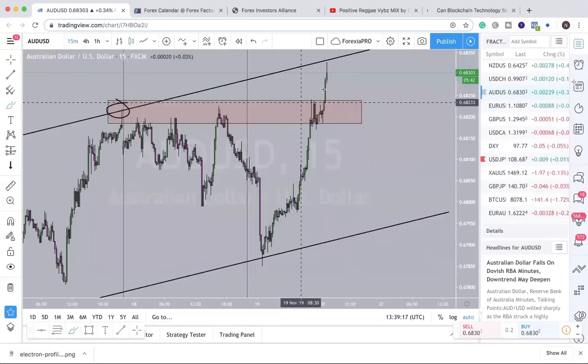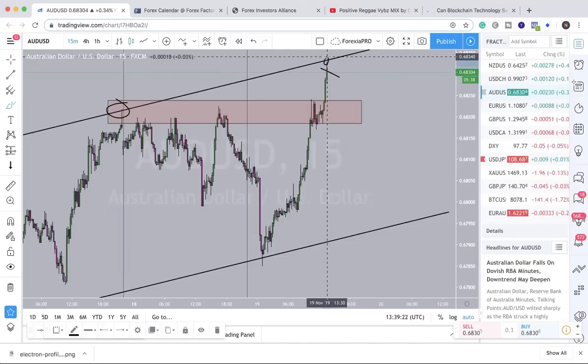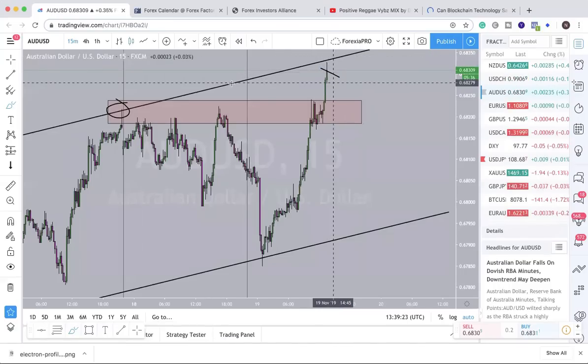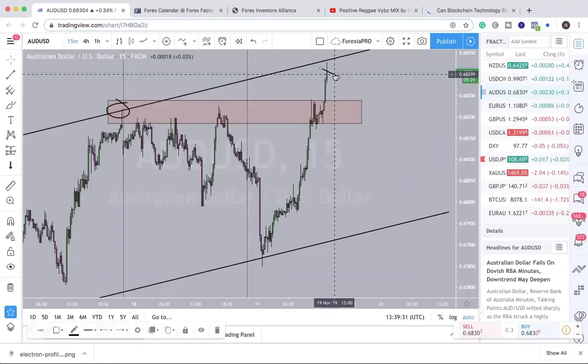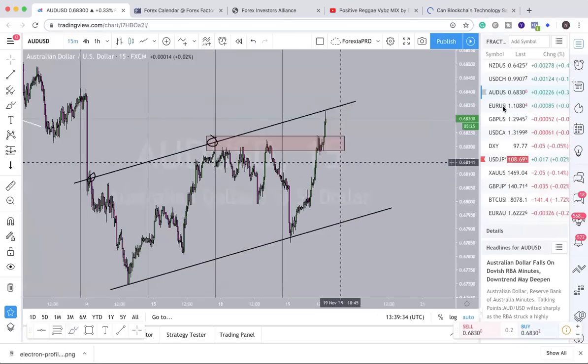I'm not just going to sell right up here because it's touching this trend line, just like we were told to do as retail traders, right? I don't do that. I wait for multiple confirmations. So on to the next one.